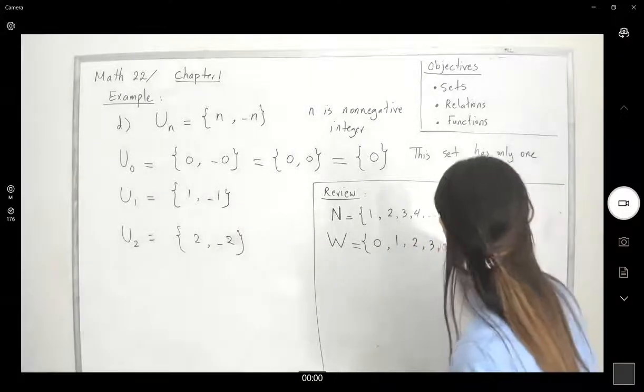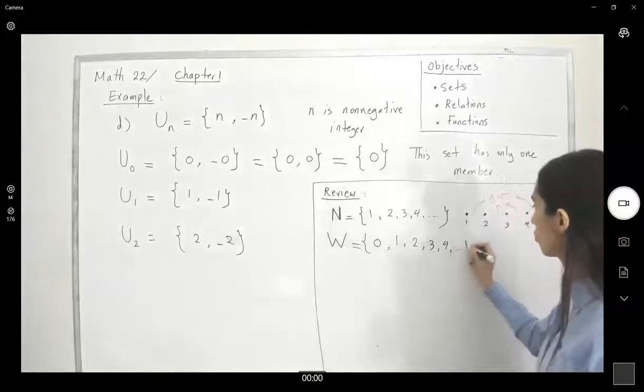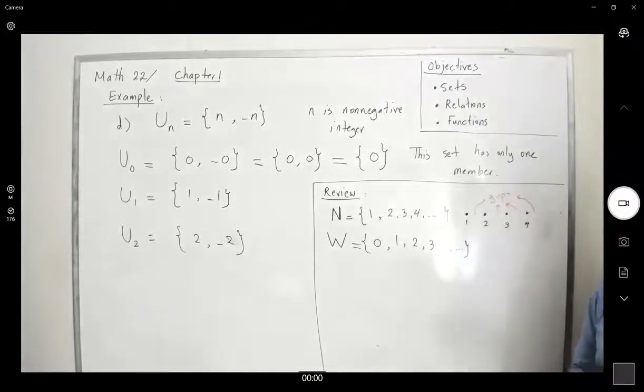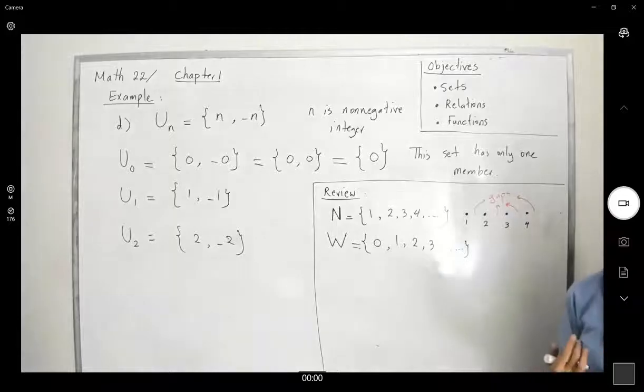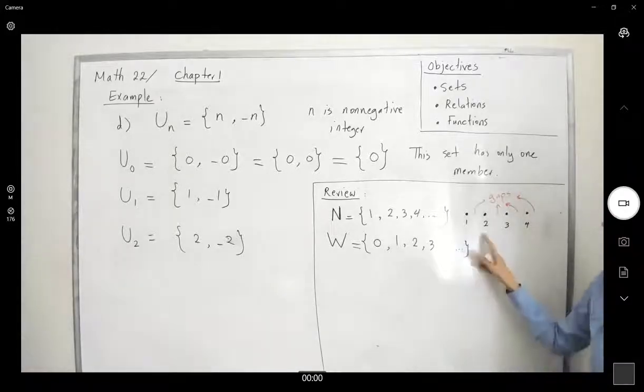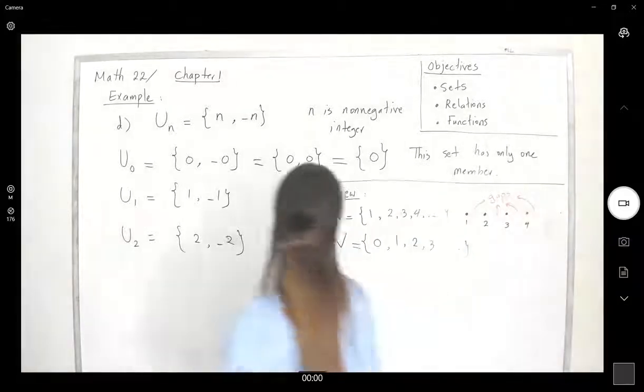So let's continue this set. We have more members. Again, there are gaps in between these numbers. We cannot include fractions. We cannot include radicals. So you see gaps between these numbers.